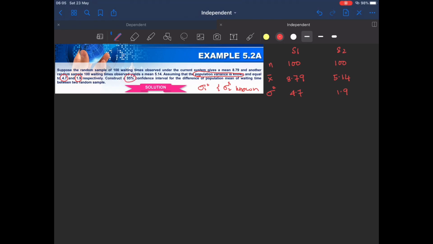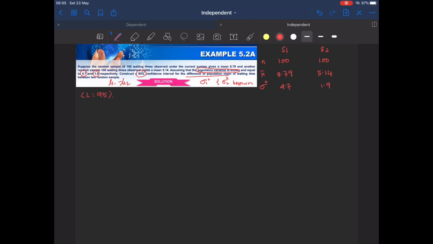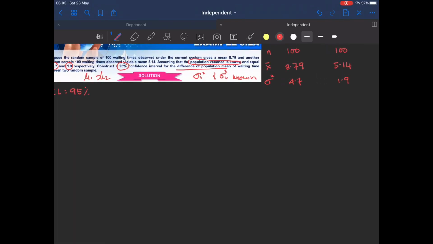Construct a 95% confidence interval. So the confidence level is 95% for the difference of population means, mu1 minus mu2. Okay, how to solve this example?